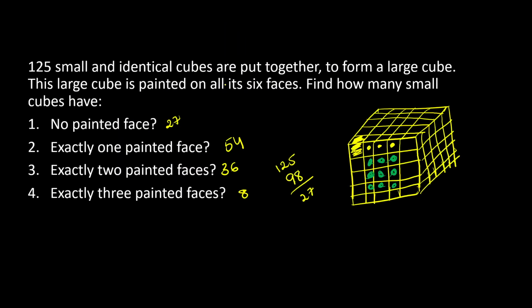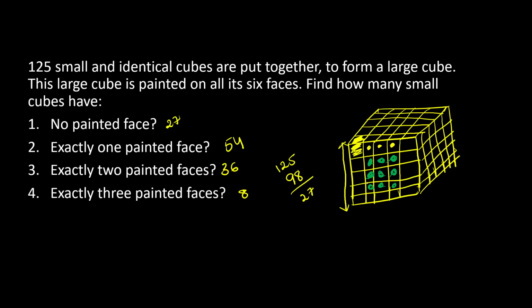Let us understand this once. When it's exactly one face painted, if you count the total number of cubes on this face through the y-axis, we left 2: 1 on the top, 1 on the bottom. So out of 5, we considered only 3, which means we ignored 2.